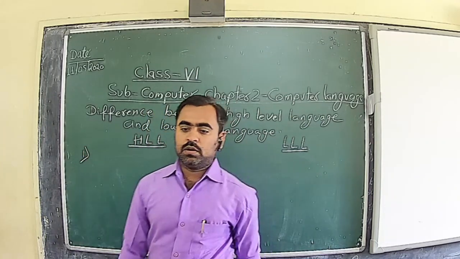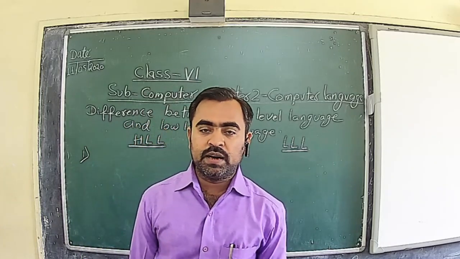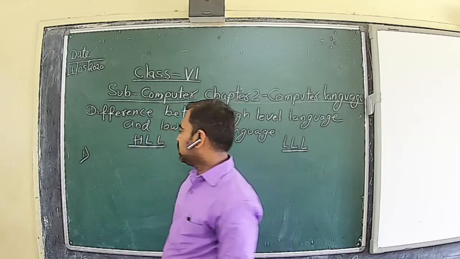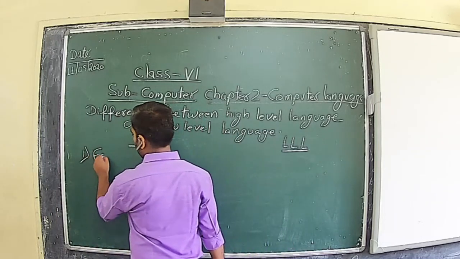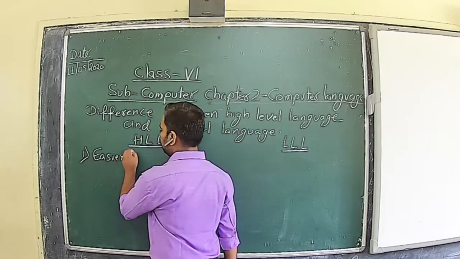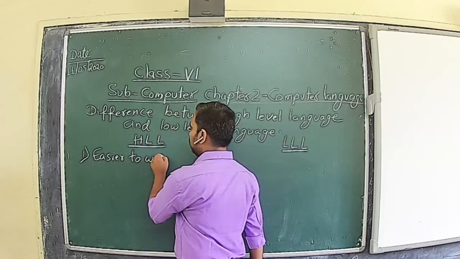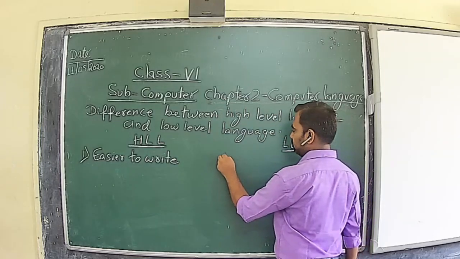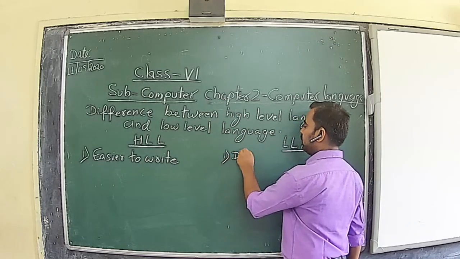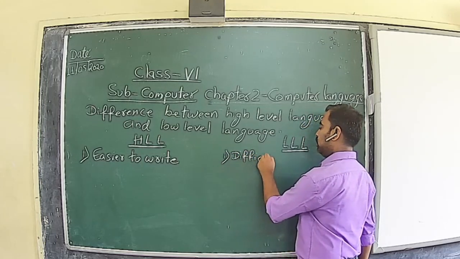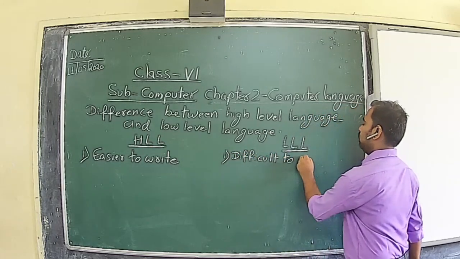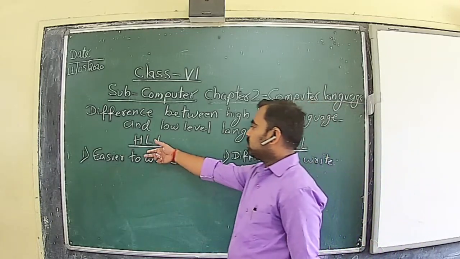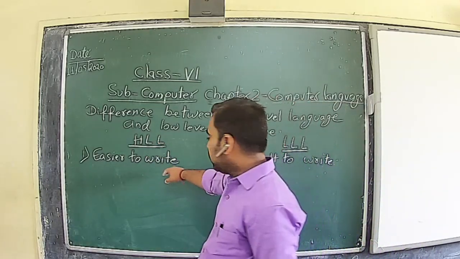The first important difference between high level language and low level language is that high level languages are easy to write, whereas low level languages are difficult to write the program. Why is it easier to write programs in high level language?